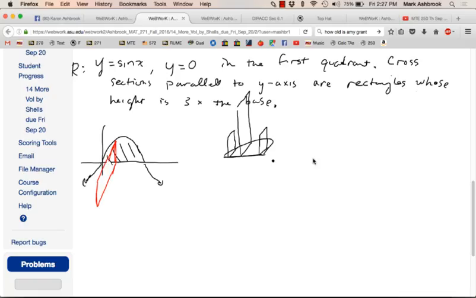See what it's like? The very tallest one will be right in the middle because that's the biggest base.